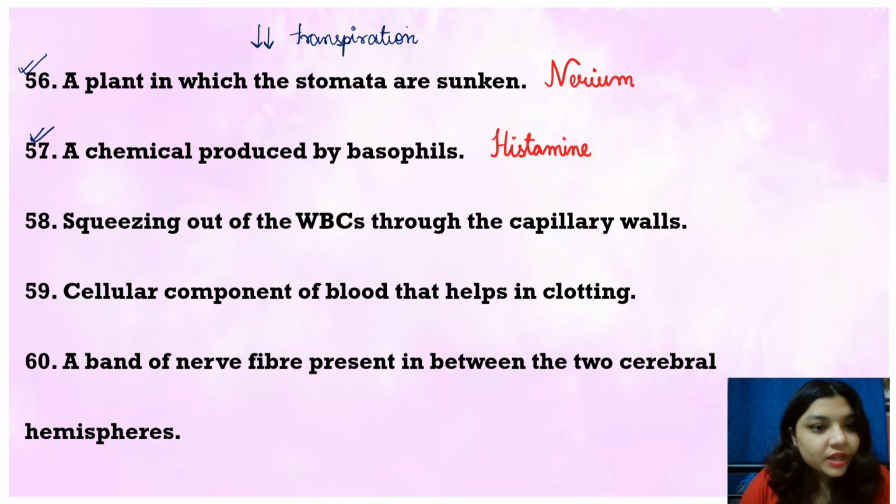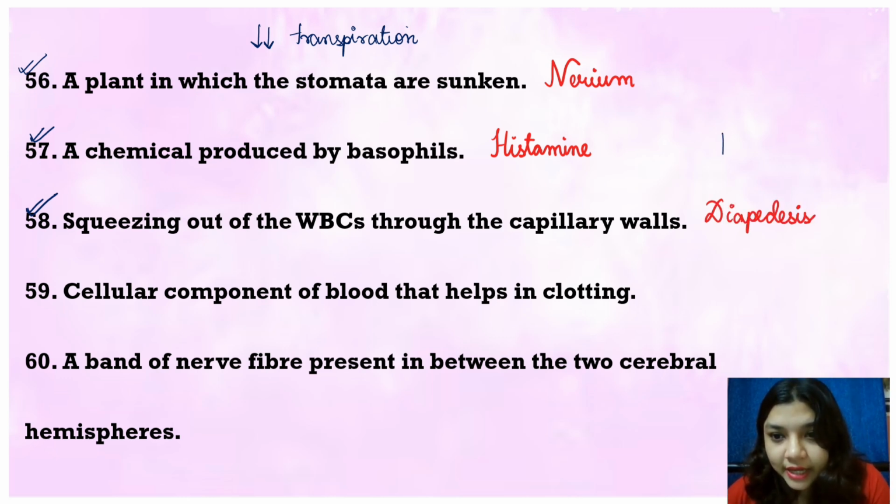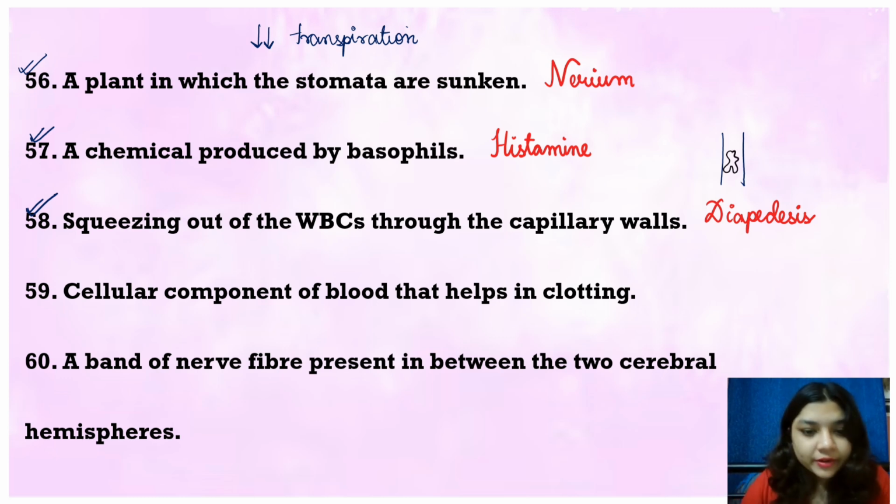Then, squeezing out of the WBCs through the capillary walls. The process is known as diapedesis. Okay, so what happens is that, say this is a capillary wall, and say the WBCs are inside the capillary wall. Now what happens is there might be very minute openings in the walls of the capillary.